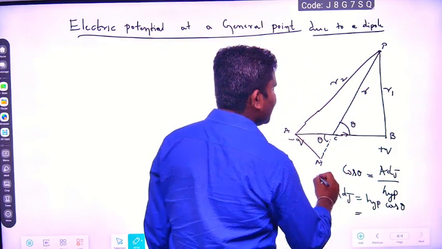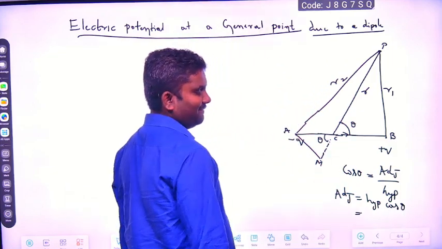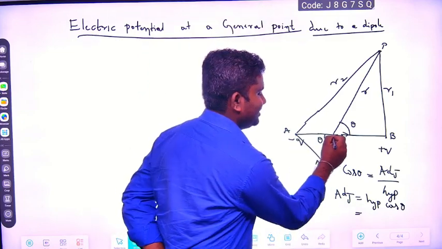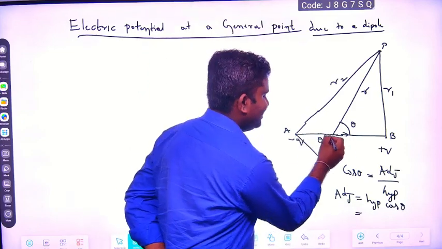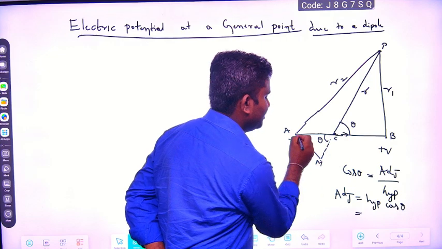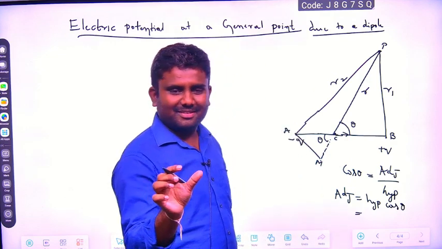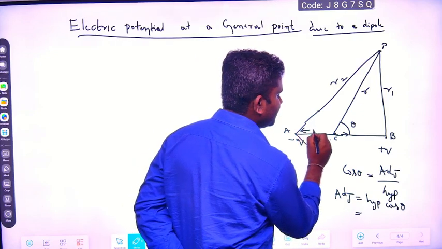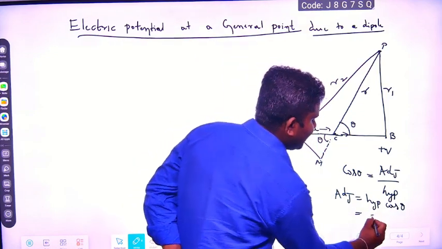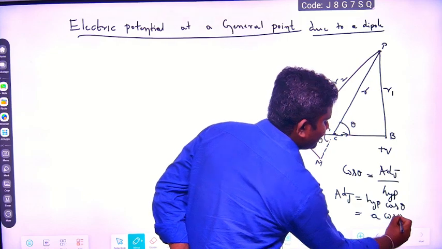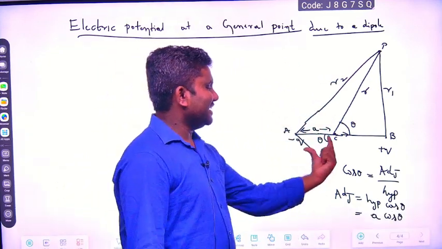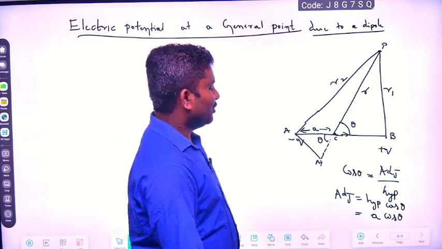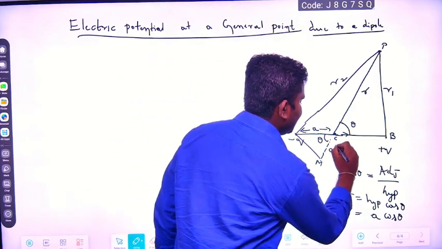What is the hypotenuse? CA, from the center of the dipole to the charge. What is the distance? a, half the distance of the dipole. So this extended line is a cos theta. Now I will write here a cos theta.